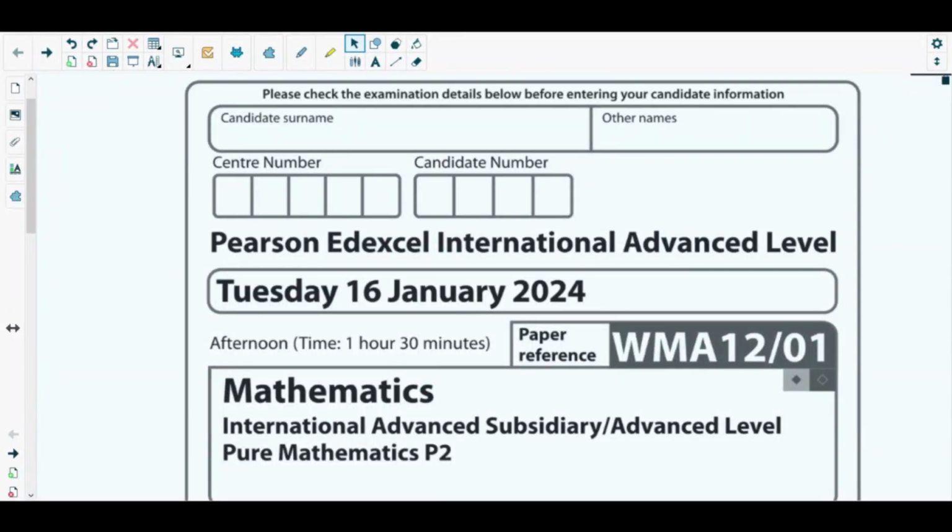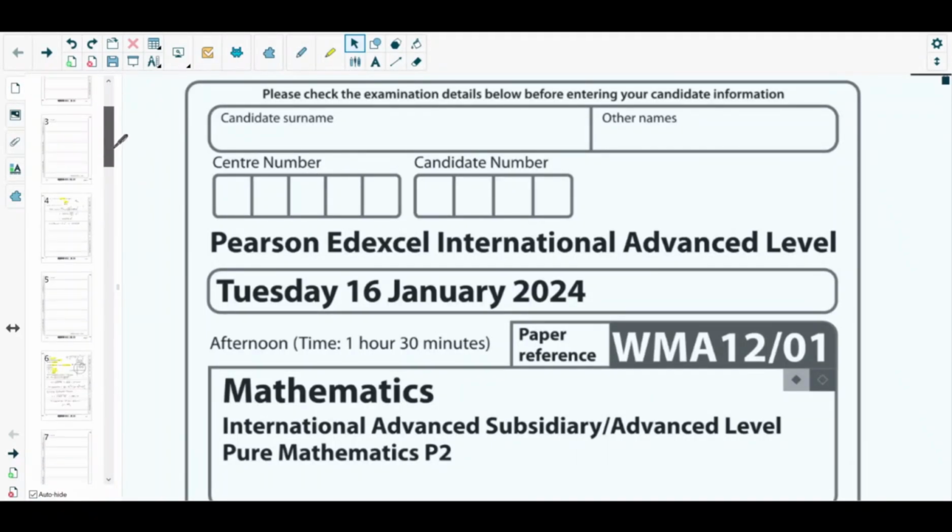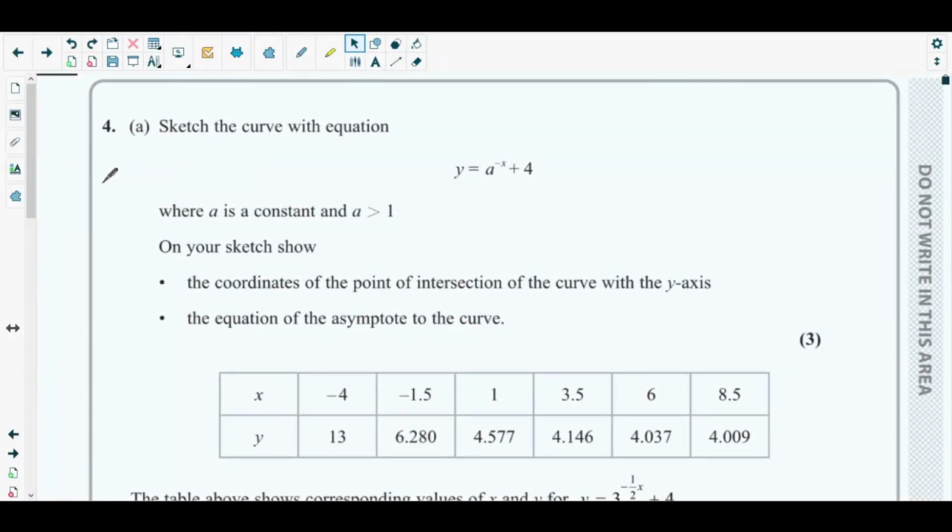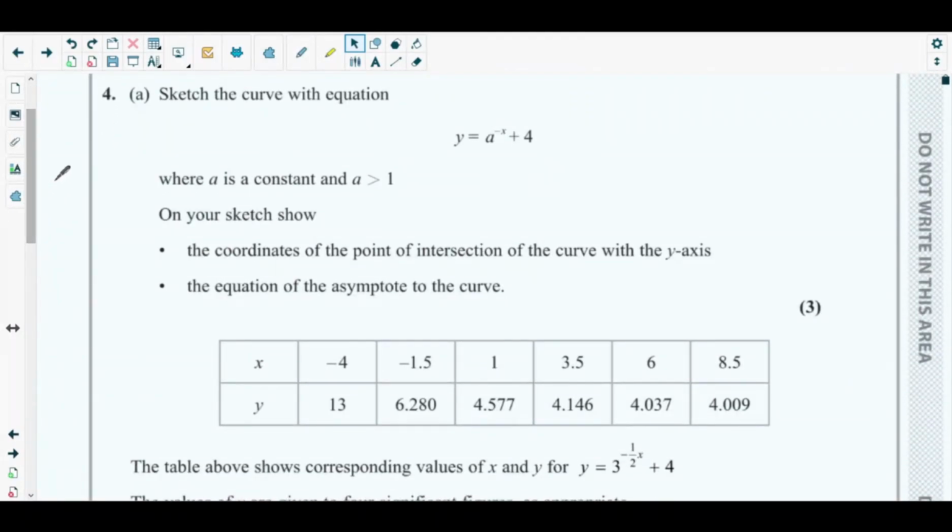So in this video, we will be solving question number 4 from the January 2024 Pure Mathematics 2 paper. Let's see what question number 4 is about. The concepts behind it are from exponentials and logarithms, discussed in chapter 3 of your P2 Pure Mathematics 2 textbook.